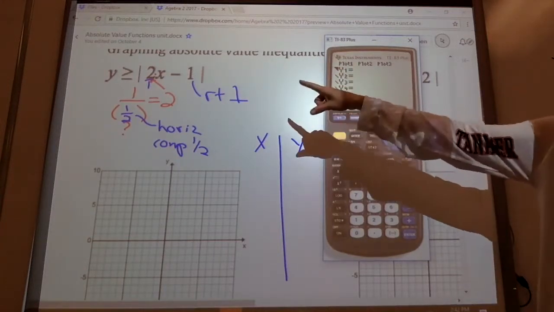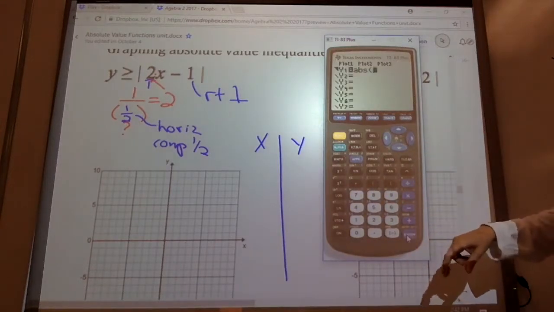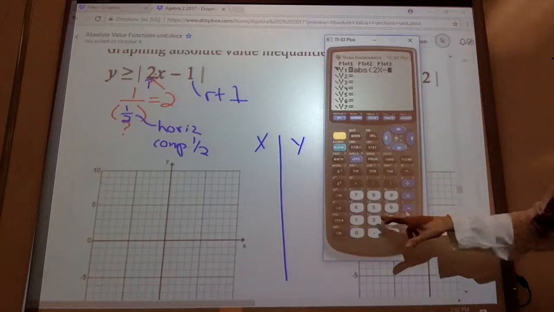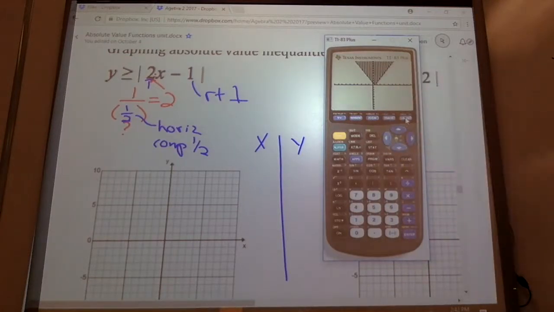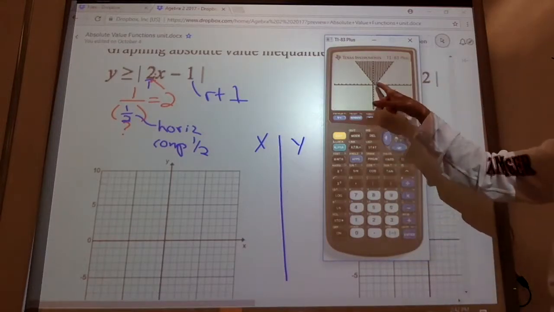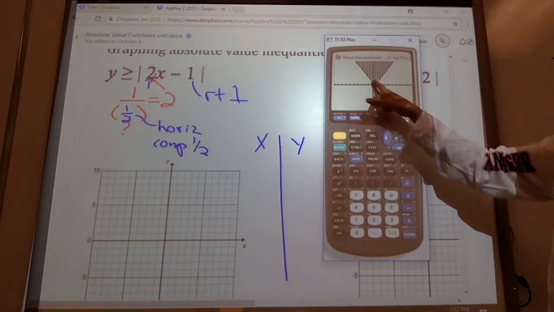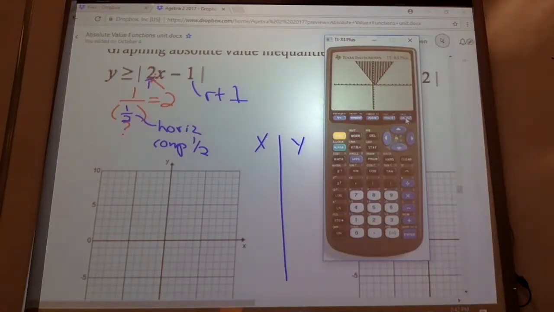Okay? Then I can put in my absolute value, math, num, abs, 2x minus 1, and then graph it, and it'll shade the correct portion for me. And greater than means shade above, so really what happened is my vertex here, and I shaded above my vertex. That puts me inside the absolute value.